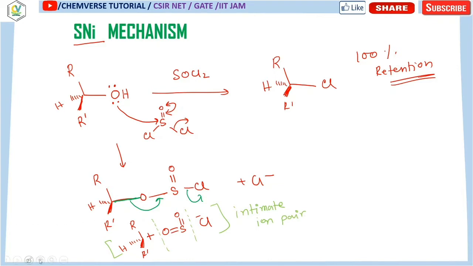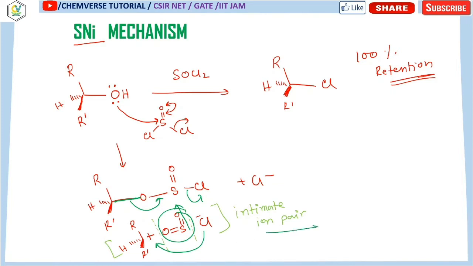So if you consider this kind of intimate ion pair, you will see that this SO2, being a gas, can be removed from the system and Cl minus can attack from this side. This is the site where the initial OH was attached. So here the Cl minus will attack from the same side.